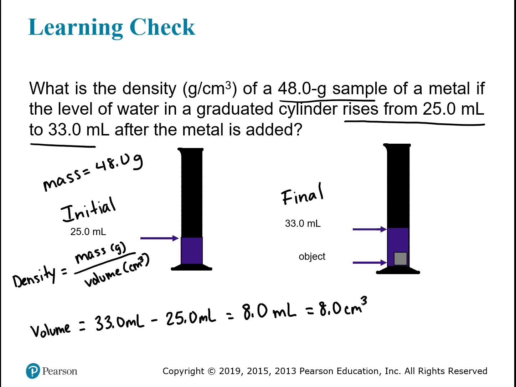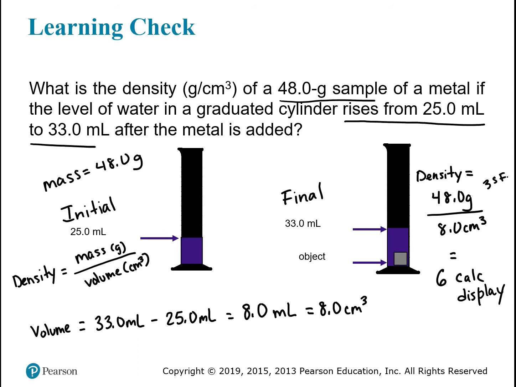Now we can take that value and put it into our density equation. We've got the mass, 48.0 grams, divided by 8.0 centimeters cubed. That's going to be 6, and that's what your calculator is going to say. But that doesn't have the right number of sig figs. 48.0 has 3 sig figs, and our volume 8.0 has 2 sig figs.